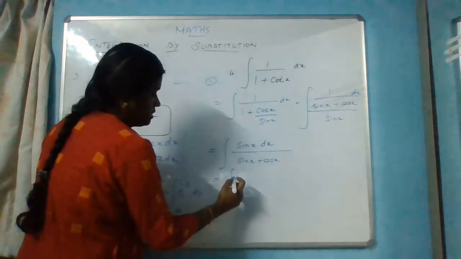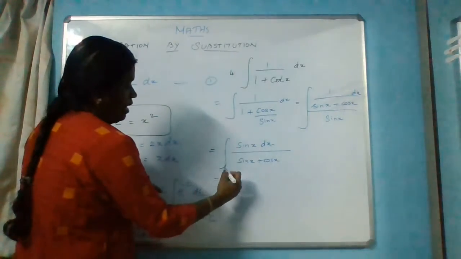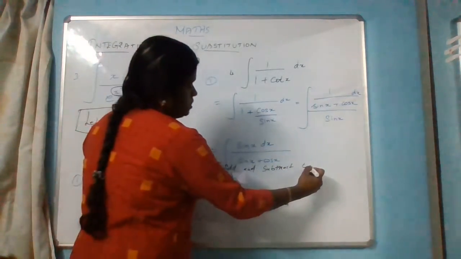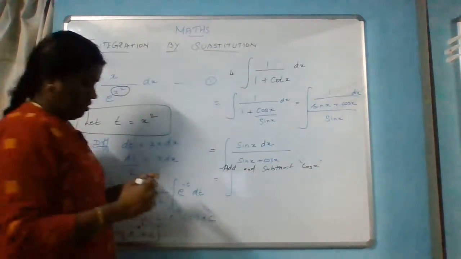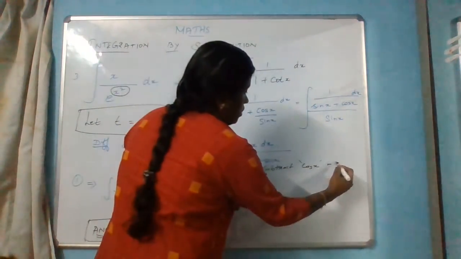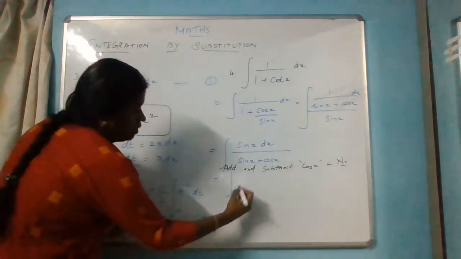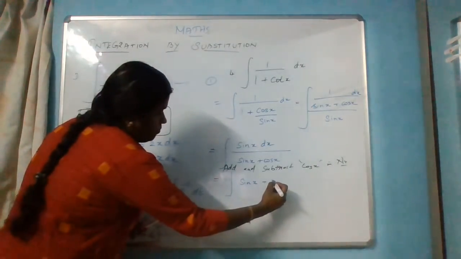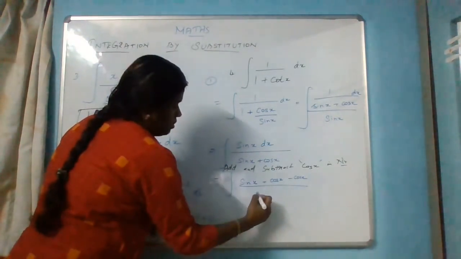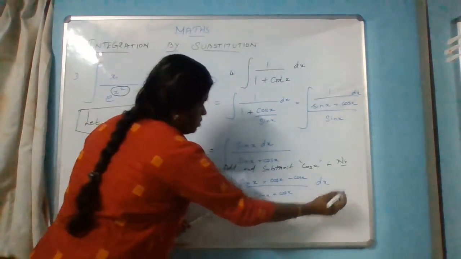So I'm going to add and subtract cos x in the numerator, for simplification. This becomes sin x plus cos x minus cos x by sin x plus cos x into dx.